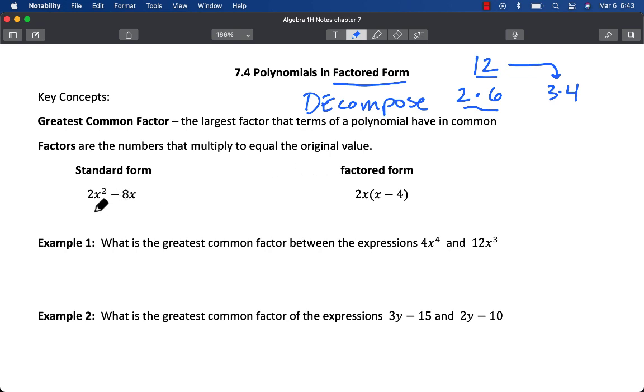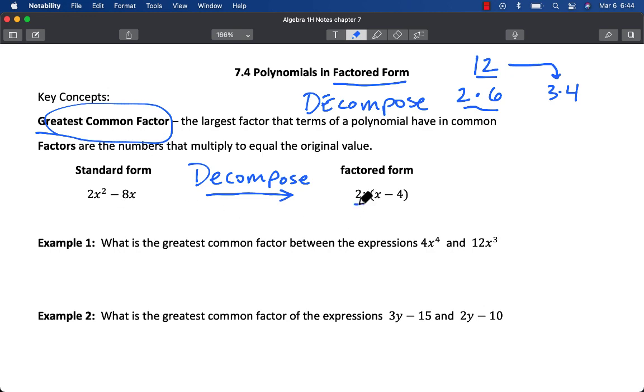So let's take this standard form polynomial, 2x squared minus 8x. Let's decompose that into its factors. When I say decompose, I'm looking to pull out the two factors that multiply together to get 2x squared minus 8x. If I look across these two terms, I'm going to pull out the greatest common factor, which is 2x.